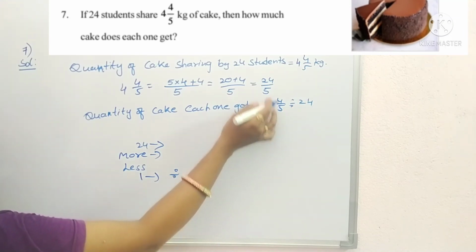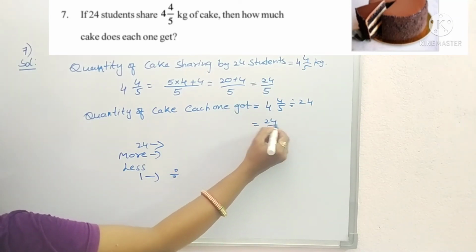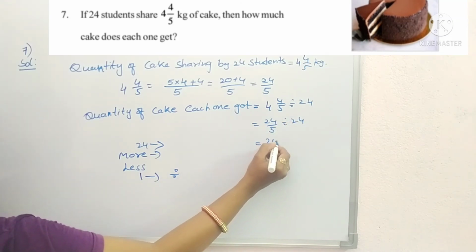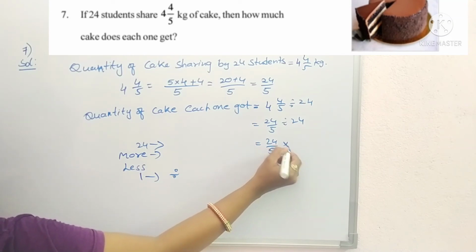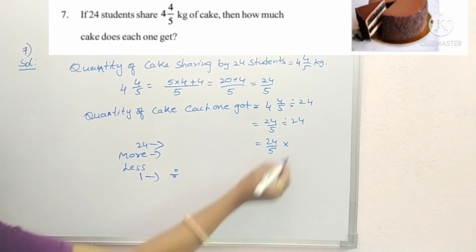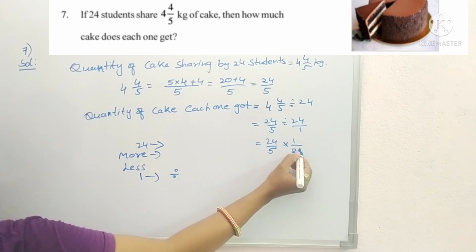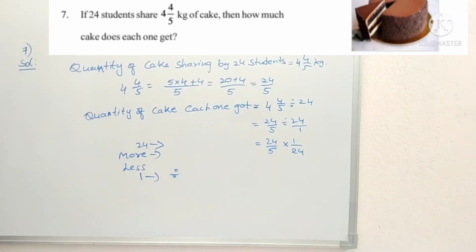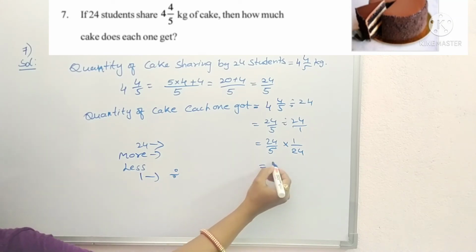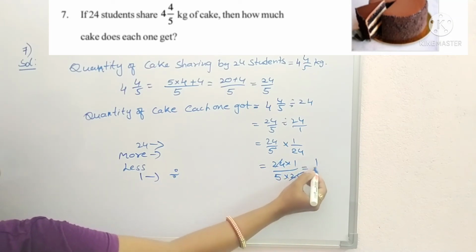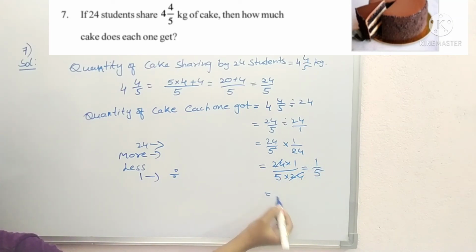So what is the value of 4 by 5? 24 by 5 divided by 24. So in the place of divided by, into, and this is 24 by 1. So now it will become 24 into 1 by 5 into 24. Both will get cancelled, 1 by 5.